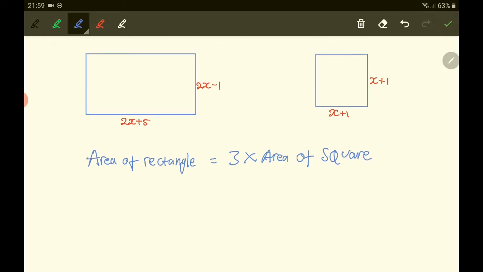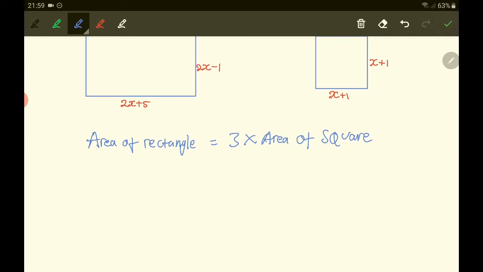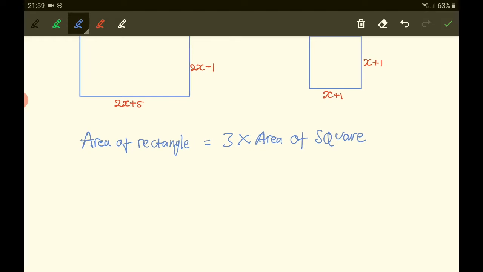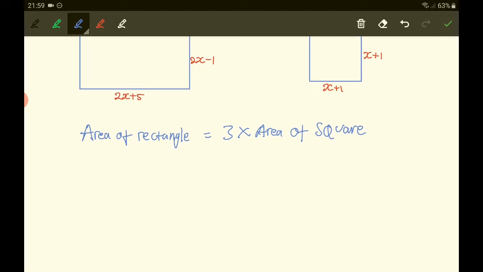We can write the area of the rectangle using the formula length times breadth. The length is 2x plus 5 times the breadth is 2x minus 1. And then 3 times the area of square. Area of square is side times side, so x plus 1 times x plus 1, which means x plus 1 square.